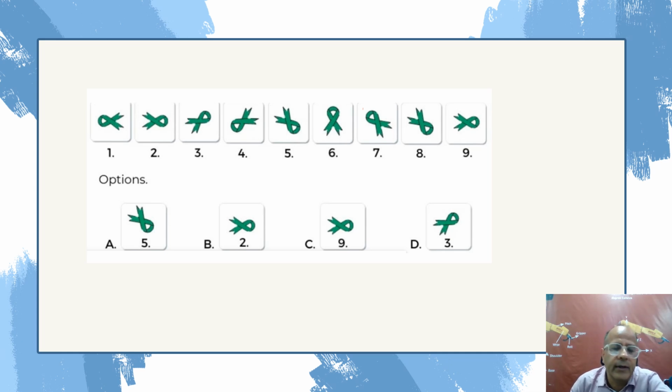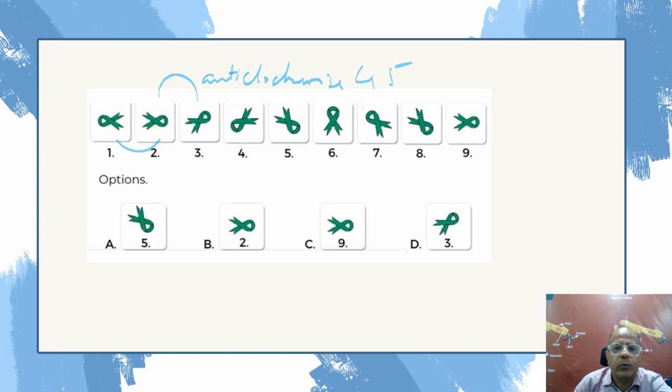Okay, so let's say mirror images are fine, these two are fine, this is a 180 degree, but what happens over here, if you observe this, from this to this, the transition is anti-clockwise. It is anti-clockwise by how much? By 45 degrees anti-clockwise.